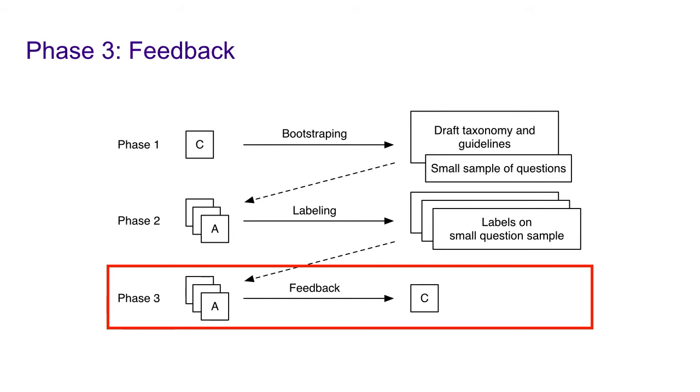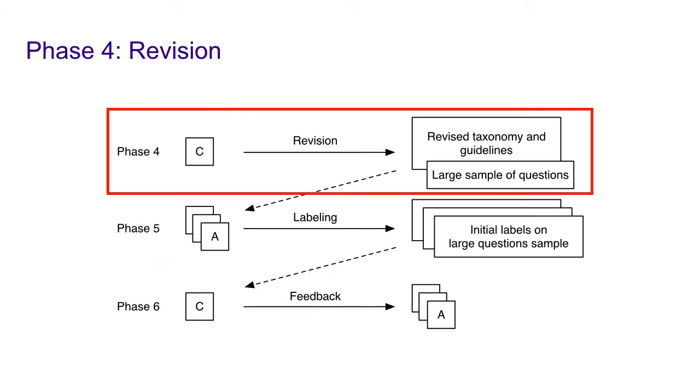This may include feedback about issues with the draft taxonomy, unclear or ambiguous statements in the guidelines, questions that cannot be labeled, and the expected time overhead of the study. In the fourth phase, based on the assessors' feedback, the coordinator revises the taxonomy as well as the guidelines and provides the assessors a larger set of questions for labeling.